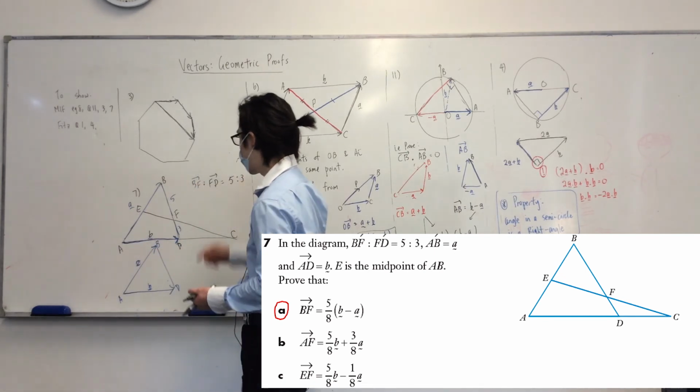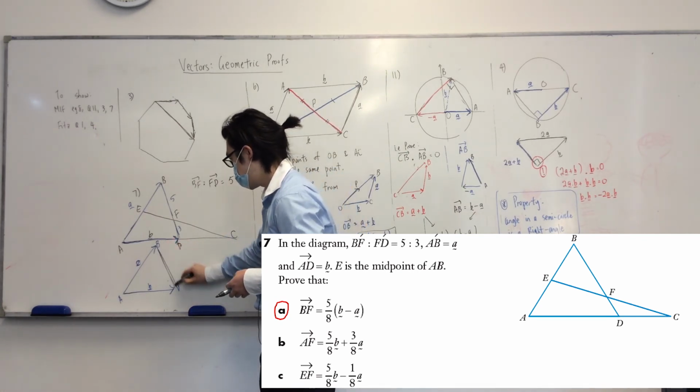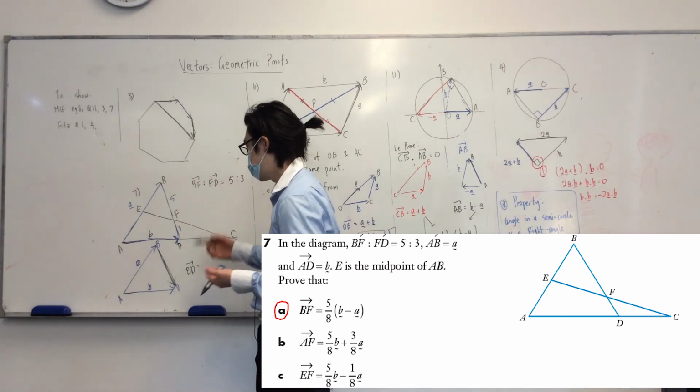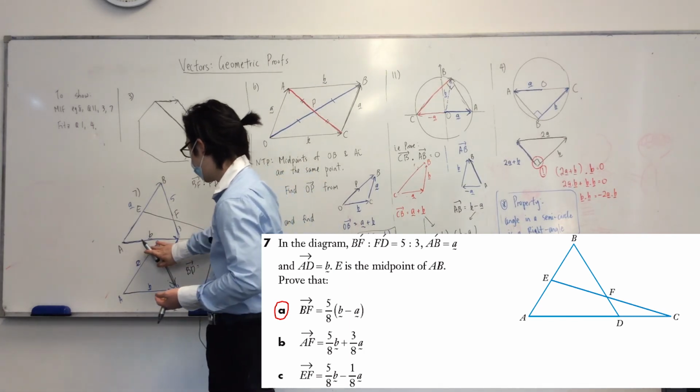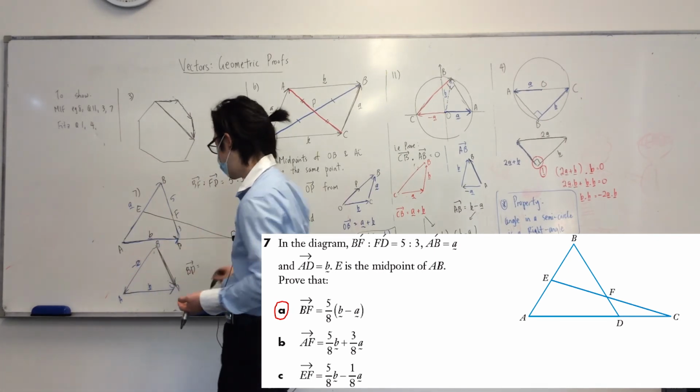The reason the ratios are useful is, you know how BD, what's it equal to? Oh, I need to flip it around, don't I? So if I want to get BD, that's this, northeast.